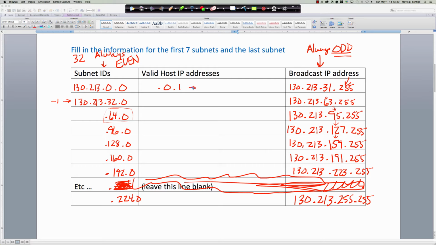.0.1 all the way to the IP right before this, .31.254. And then the same thing, .32.1 to .63.254. In fact, the right side here is pretty easy, .95.254.